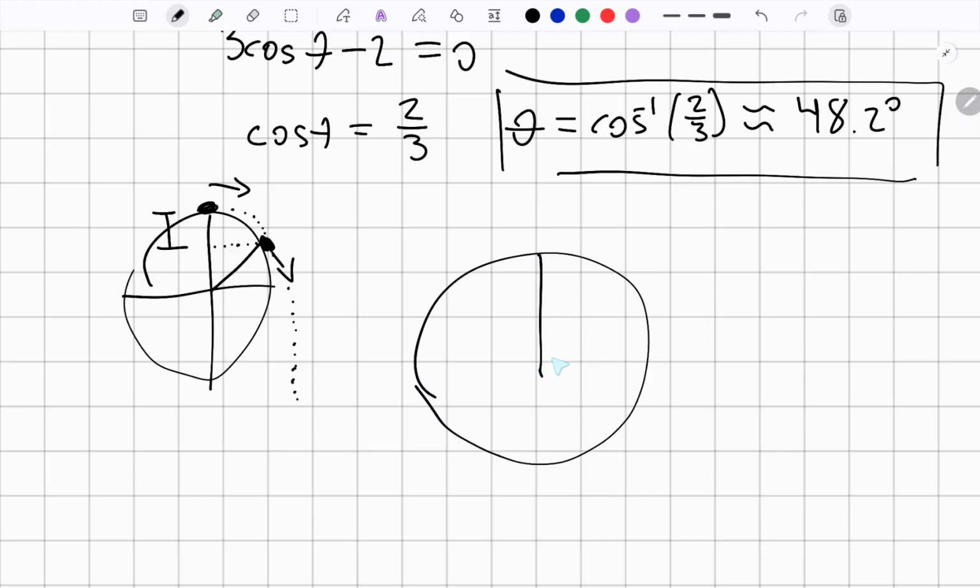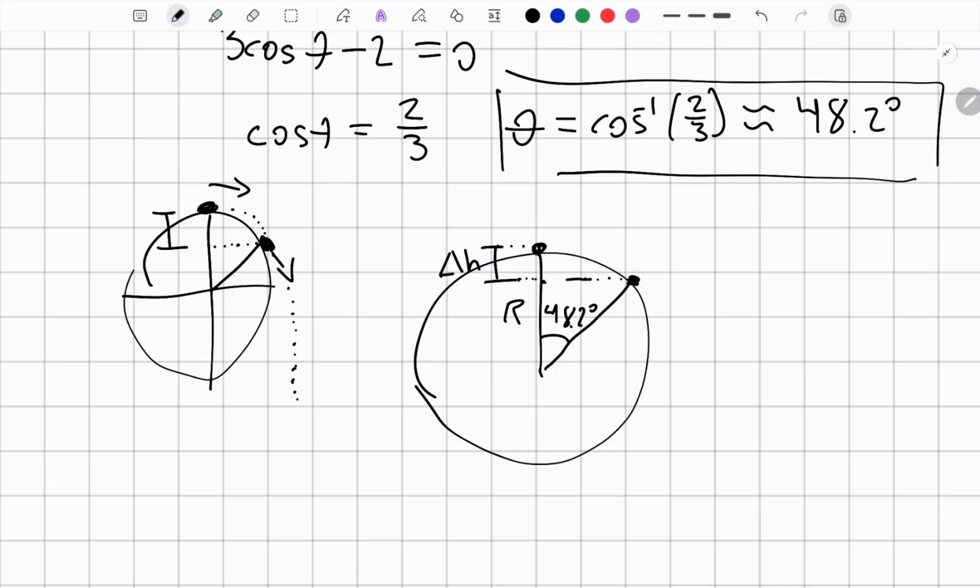There's our initial position. There's our position where it's going to leave the sphere. And we know that this angle right here is 48.2 degrees. This is R, and we are looking for this change in height right here.